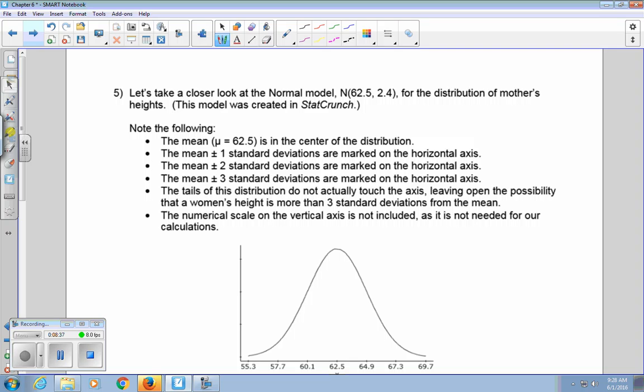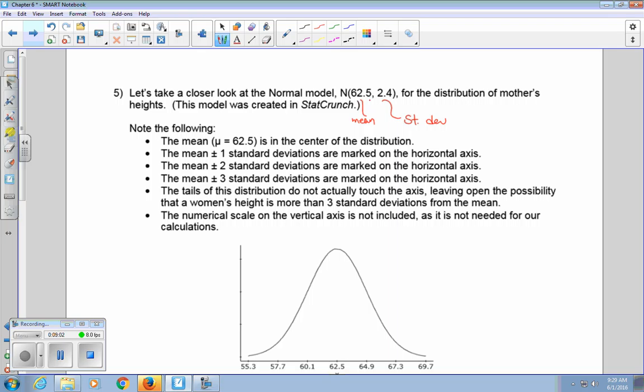So let's take a closer look at the normal model 62.5, 2.4. This is going to be based on the mother's height data. The mean was 62.5 and the standard deviation was 2.4.